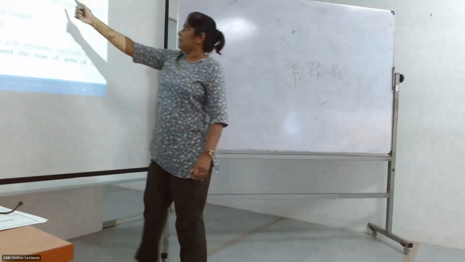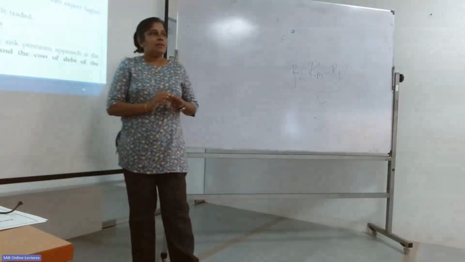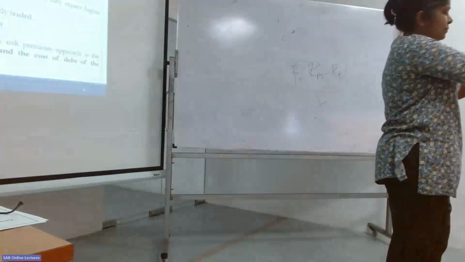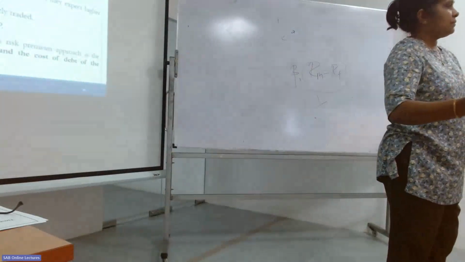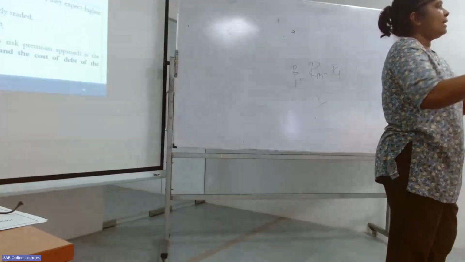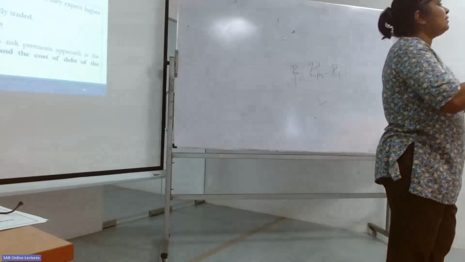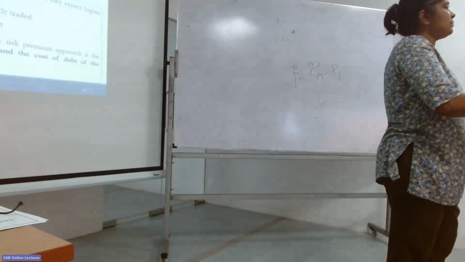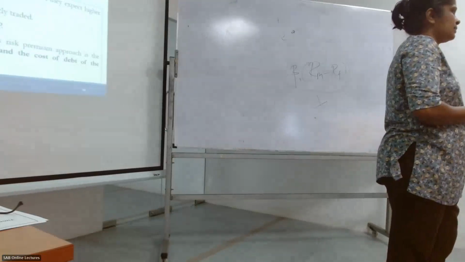Here, risk premium means that in a listed company you can estimate the cost of debt and the cost of equity. That difference between the cost of debt and the cost of equity we add here as the extra premium. This we especially apply for unlisted companies.